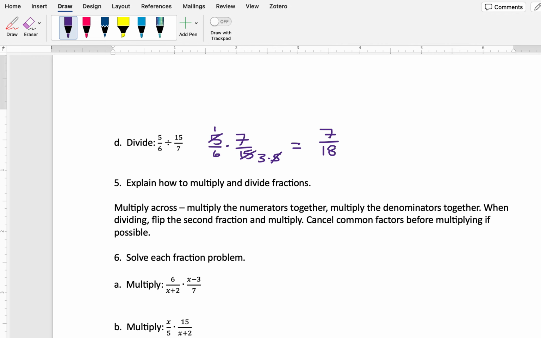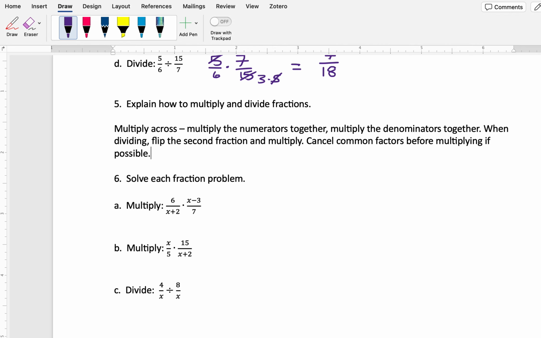Okay. So let's look at these examples where we have variables. So for the first one, we want to multiply these things. So first I'm going to check for any common factors. We have 6 and 7, they don't have any common factors. X plus 2 and x minus 3 also don't have any common factors.